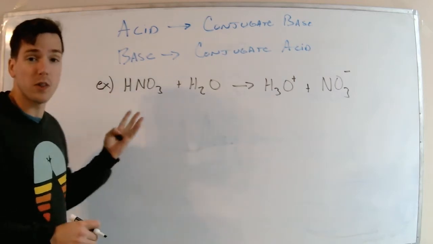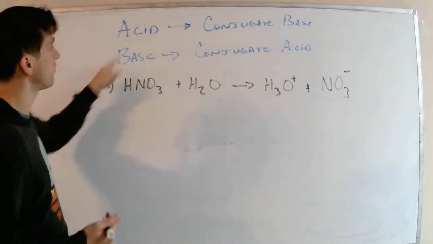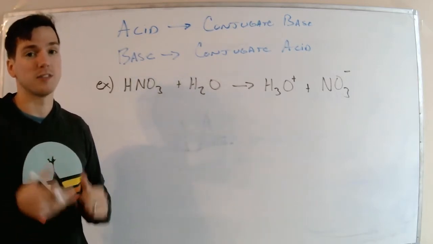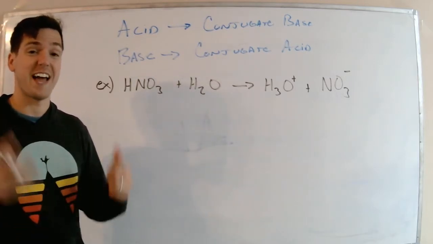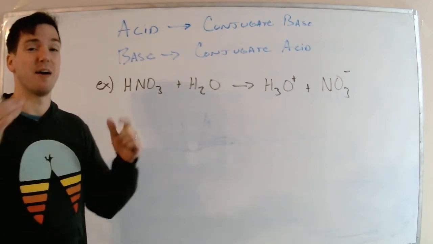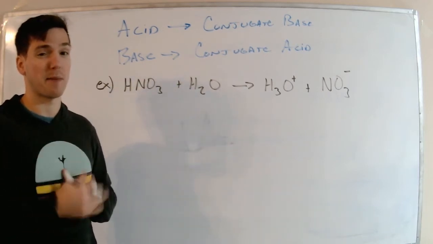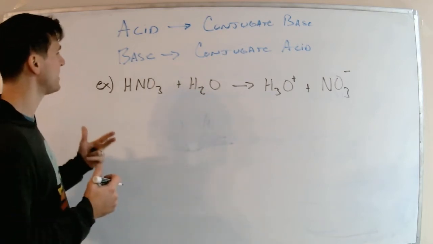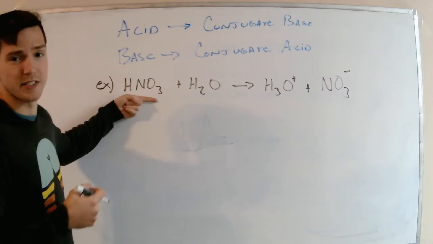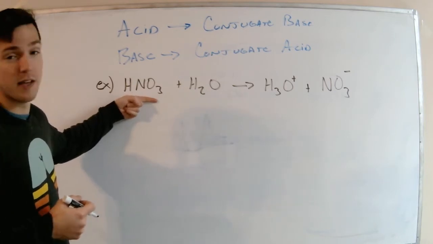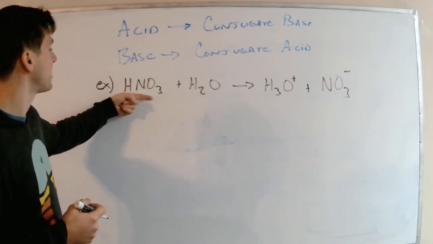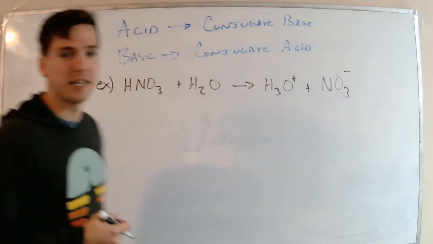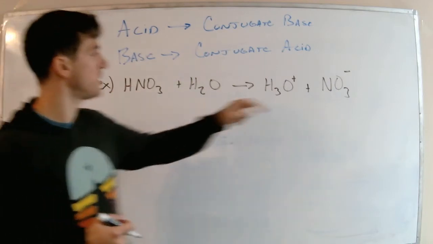So acid becomes the conjugate base, base becomes the conjugate acid. They work in inverse there a little bit. So here we're looking at this reaction again, identifying acid, base, and conjugate acid. We got to go off of that Bronsted-Lowry definition, which is an acid donates a proton, a base accepts a proton. And remember that proton is our hydrogen. Looking at nitric acid, it goes from HNO3 to NO3 negative.